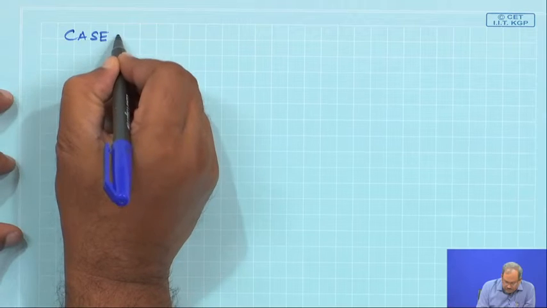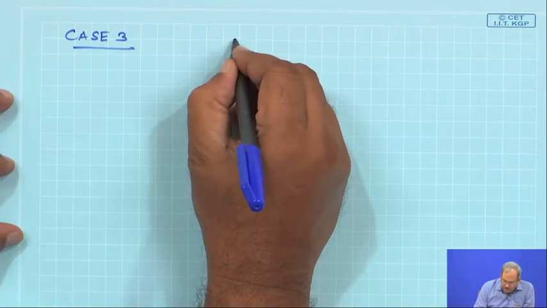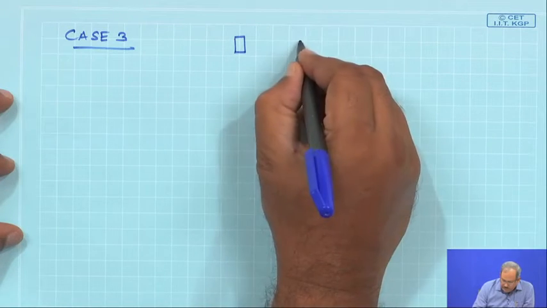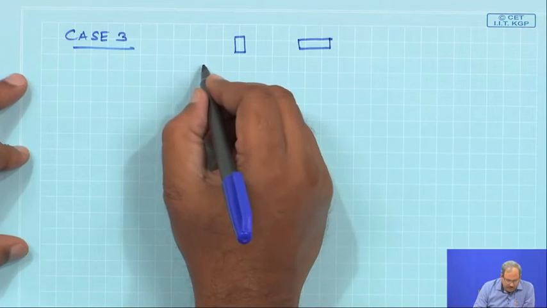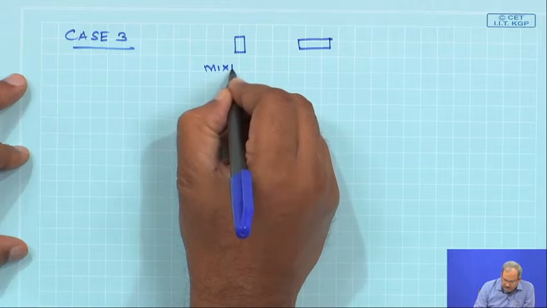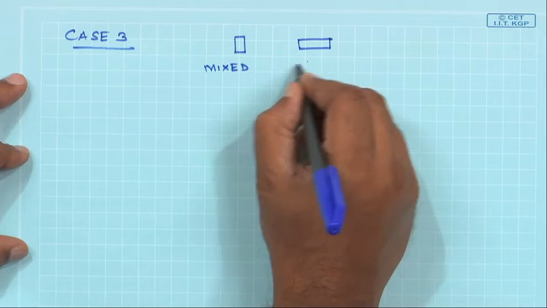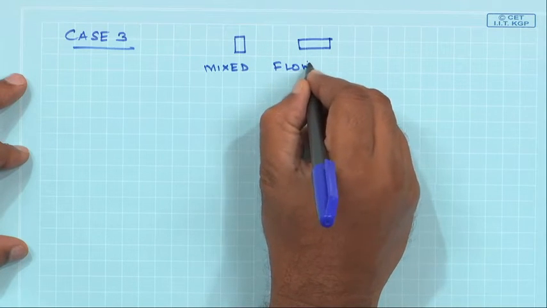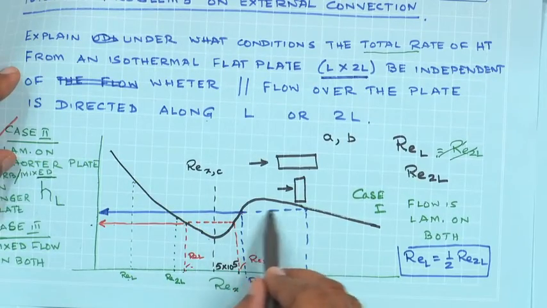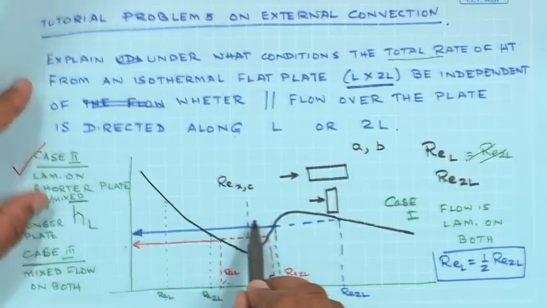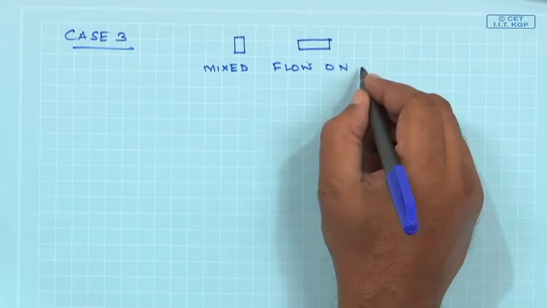Now, we come to case 3, where you have this in one case and this in the other case, but in both cases they are mixed flow. This is my case 3, mixed flow on both of them.